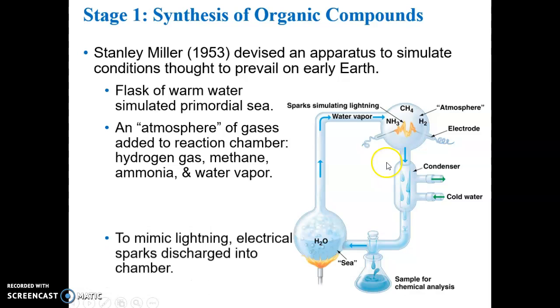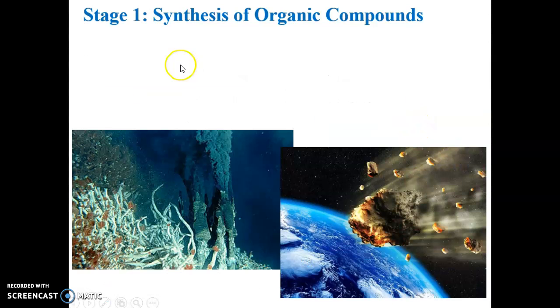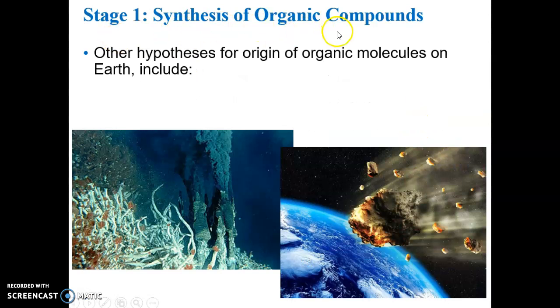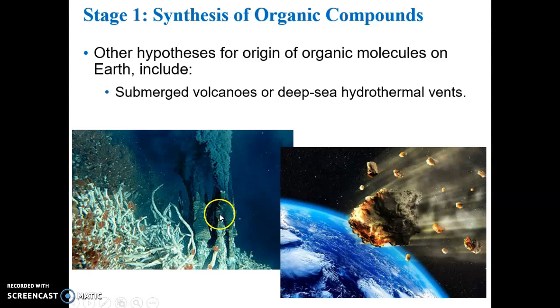Okay. All right. So moving along. So the synthesis of these organic compounds. So there's other hypotheses for the origin of these organic molecules on Earth, and they include things like deep ocean vents, which are thermal vents. There's cracks in the crust and water percolates in, and then the hot molten magma, think lava, heats up the water, and you get the bubbling out hot water that's rich with organic molecules.